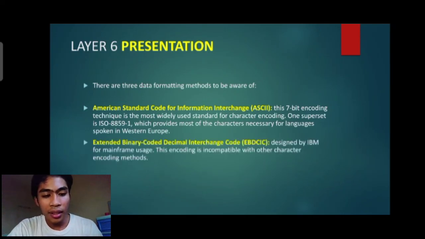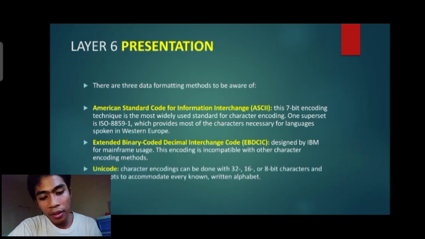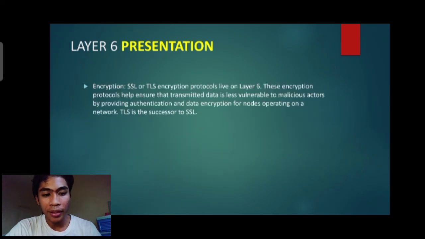The second is the Extended Binary Coded Decimal Interchange Code, EBCDIC, designed by IBM for mainframe usage. This encoding is not compatible with other character encoding methods. And the last is Unicode, where character encoding can be done in 32, 16, or 8-bit characters and attempts to accommodate every known written alphabet.